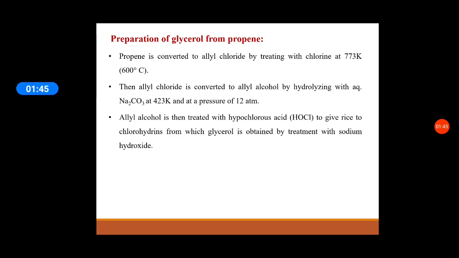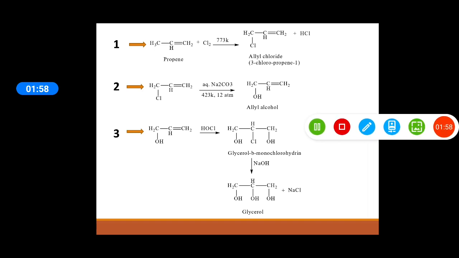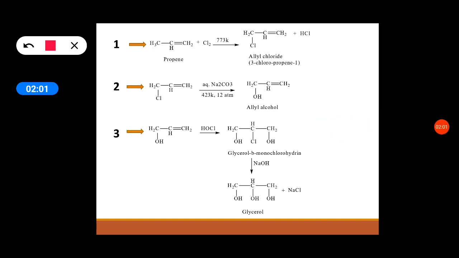Then preparation of glycerol from propene. So how is glycerol prepared? Propene, when treated with chlorine at high temperature, that is 773 Kelvin, gives allyl chloride. So one of the hydrogens from this third carbon is replaced with Cl.